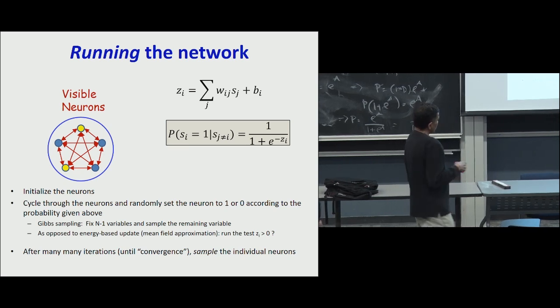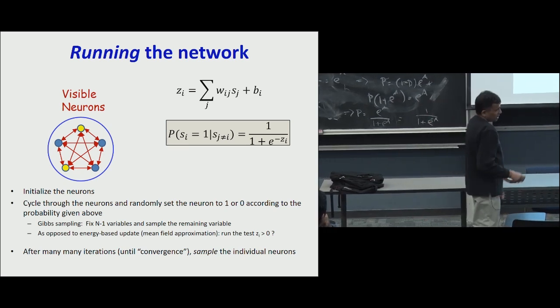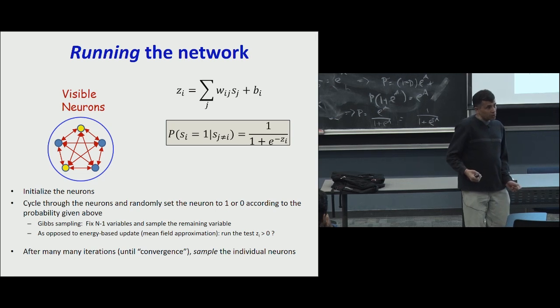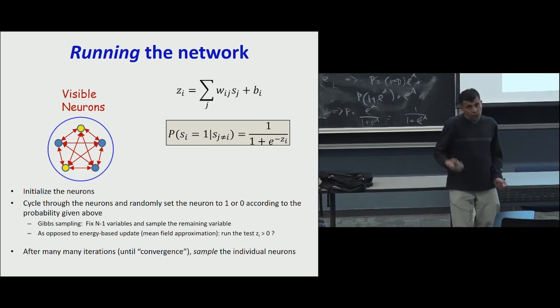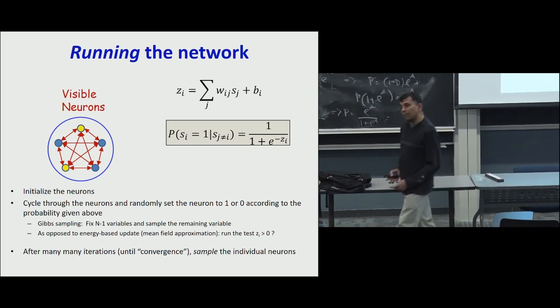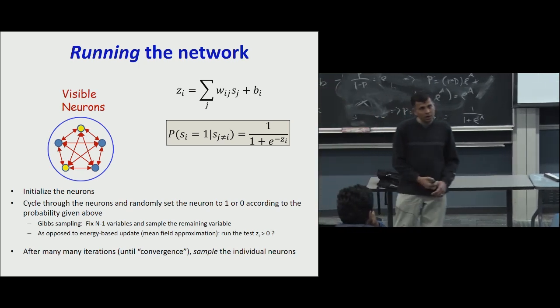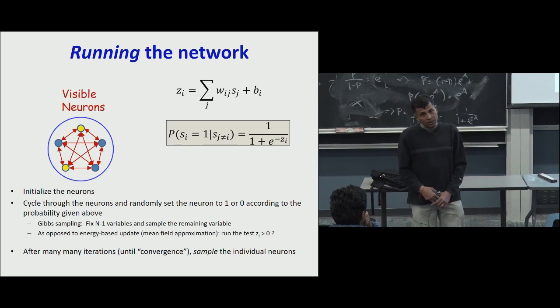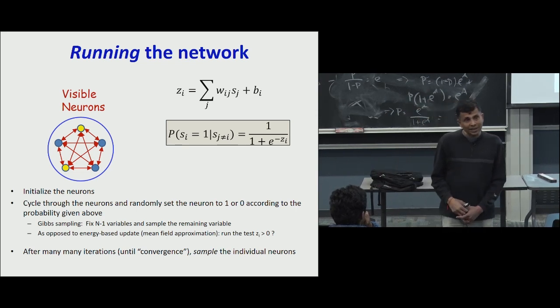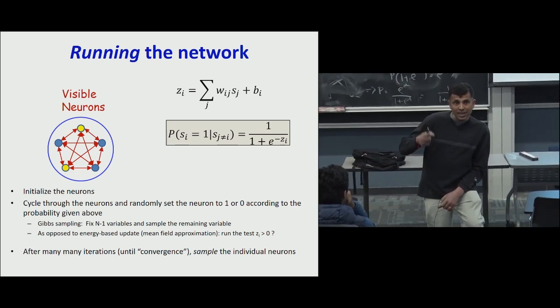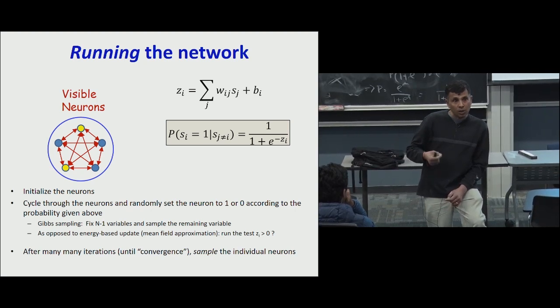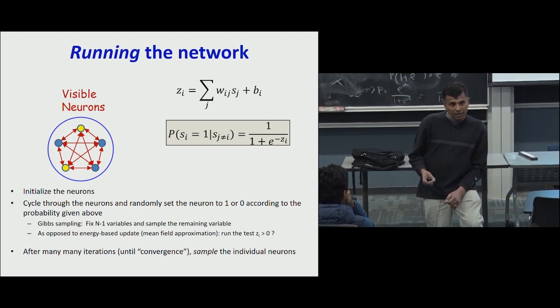And you keep cycling through this until convergence. Now remember, this is a stochastic network, right? So even at convergence, it is going to keep flipping through the states, just like your spin glass. The only thing that happened is that states with the lowest energy are much more likely to be visited than states with other energies.